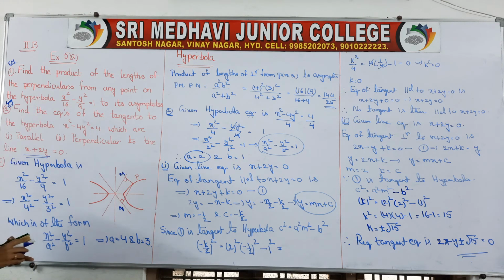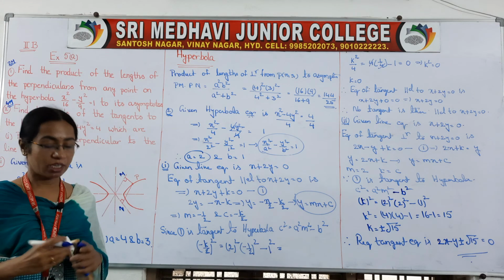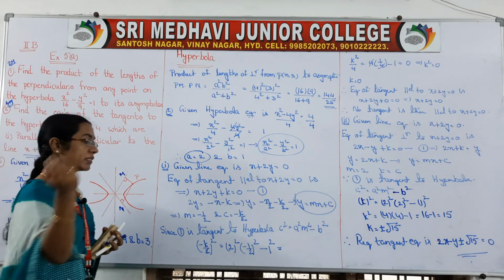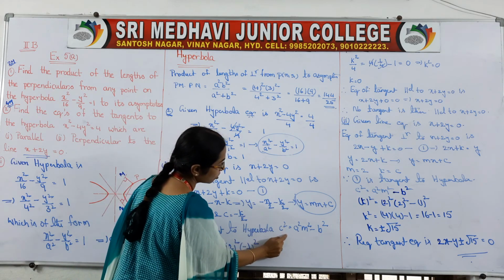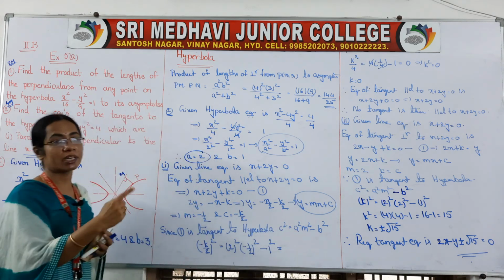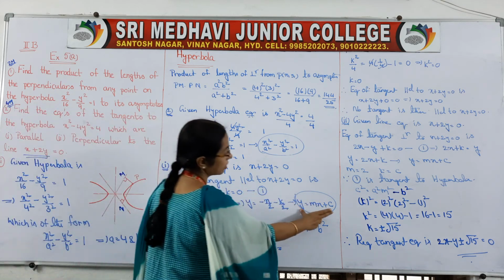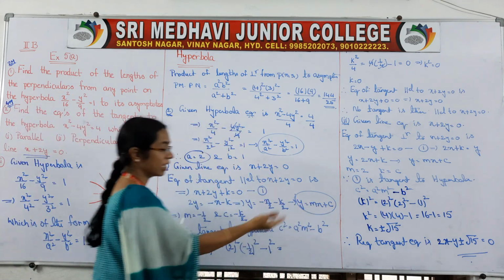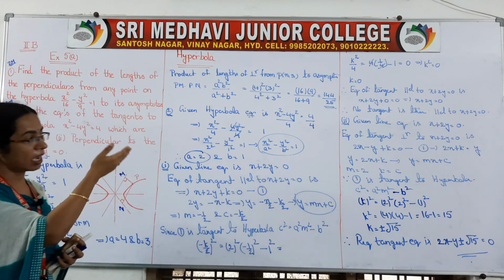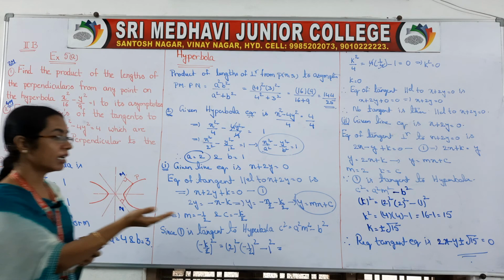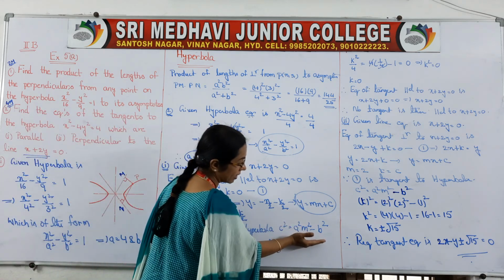Okay. So, practice these problems perfectly. Actually, what is the condition here? Here we have to satisfy the condition c square is equal to a square m square minus b square. Compulsorily, for the line y is equal to mx plus c to be a tangent to the hyperbola x square by a square minus y square by b square is equal to 1, it has to satisfy this condition.